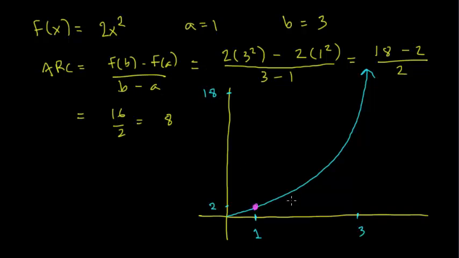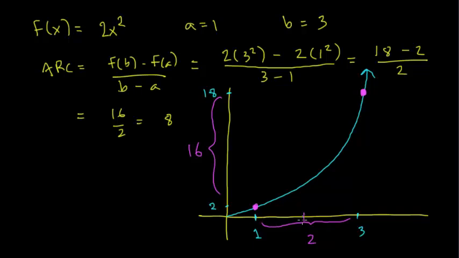So if I draw the coordinate points, a f of a and b f of b, I can start asking some questions. For example, what's the total change in the y-coordinate? Well, it goes from 2 to 18, so it's got a total change of 16. But what's the total change in the x-coordinates? Well, it goes from 1 to 3, so it's got a total change of 2.